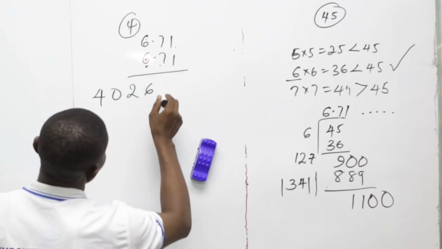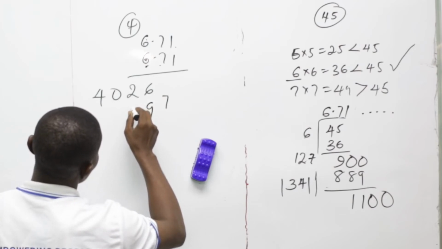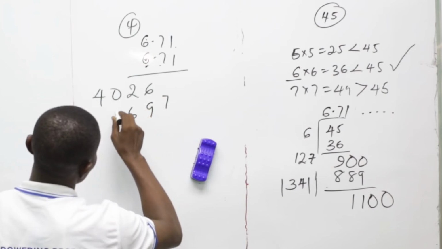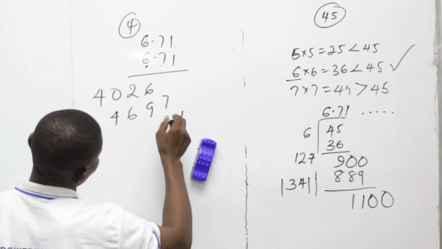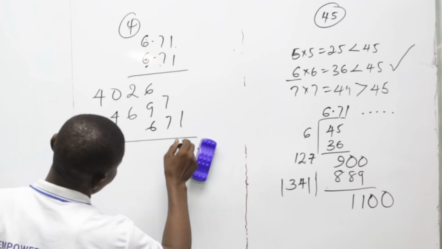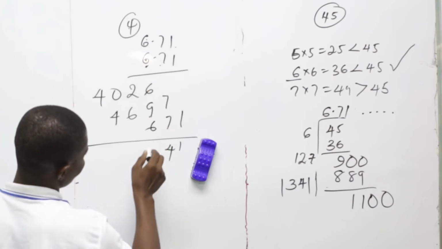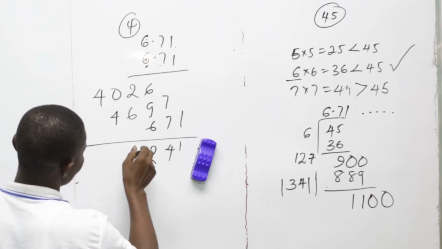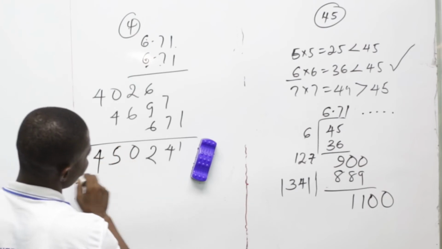This time is 7, 49, carry 4, 42, 46, 46, okay. This is 1, 7, 6, you add 1, 4, this is 15, 21, 22, carry 2, this is 0, plus 1, 5, then 4.